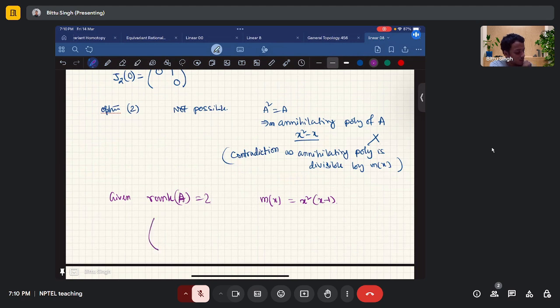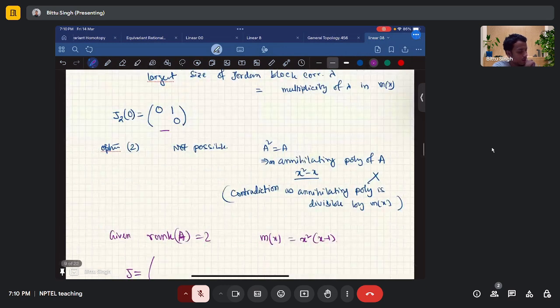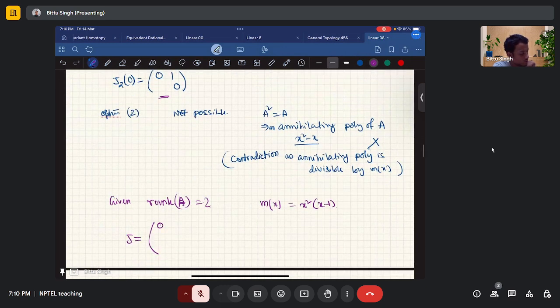Can we obtain the Jordan canonical form? It is clear that the block 0 1 0 0 must appear.